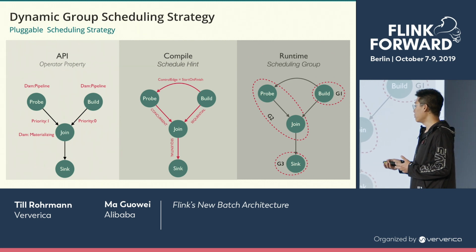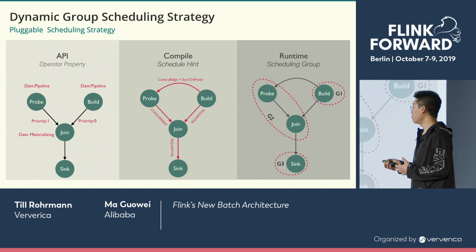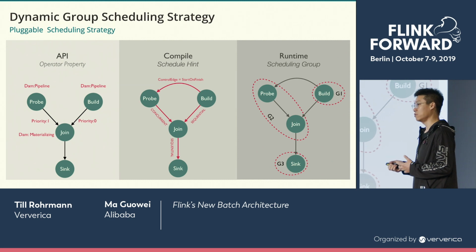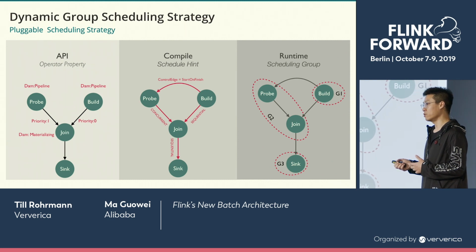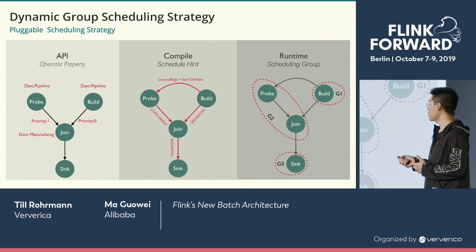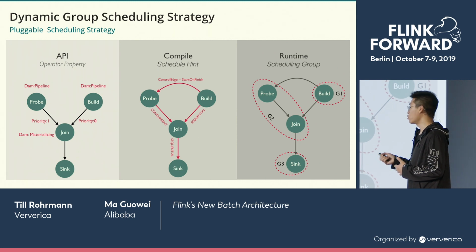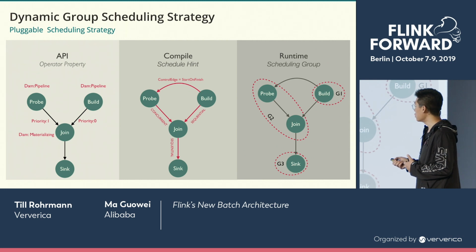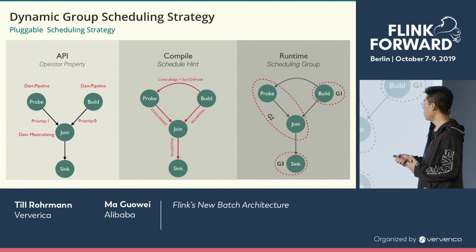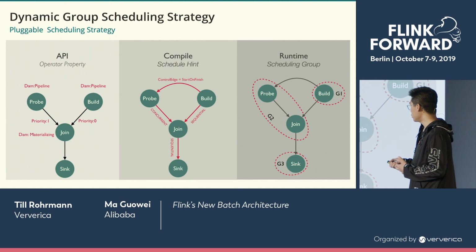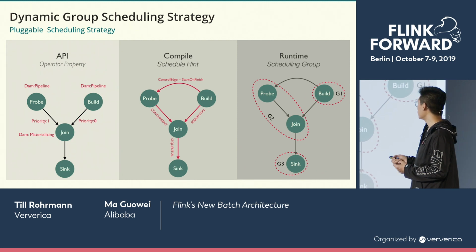Secondly, these properties will be converted to scheduling hints when generating the job graph from the transformations. Currently, we use control edges to represent the scheduling hints, and we now support three scheduling hints: concurrent, sequential, and start on finish.